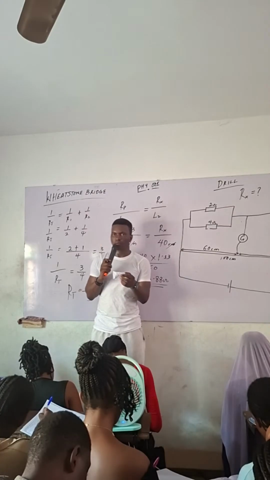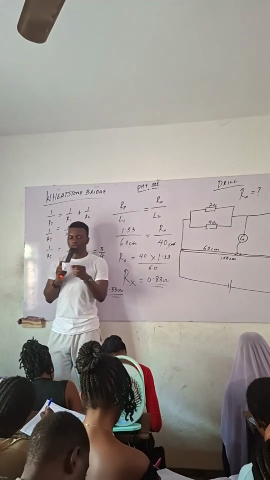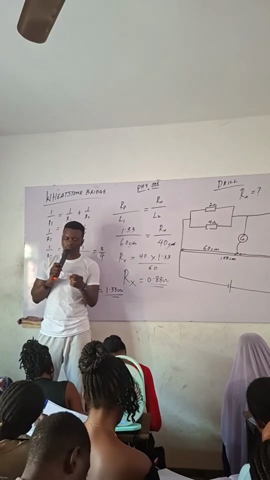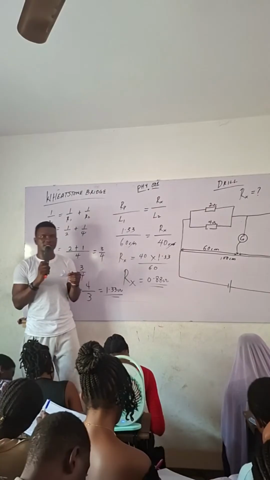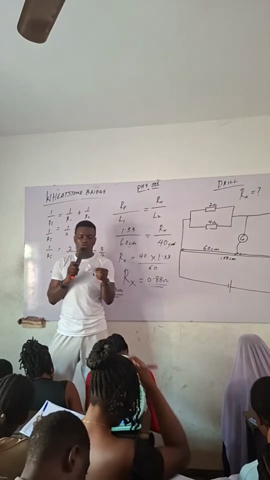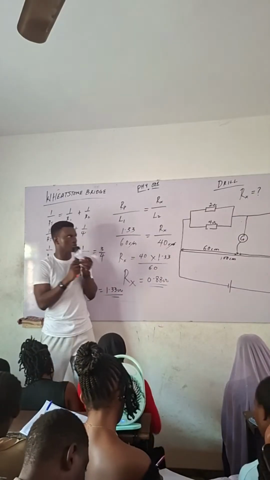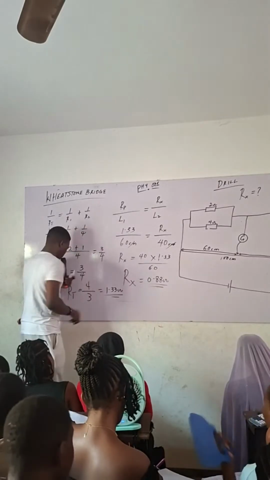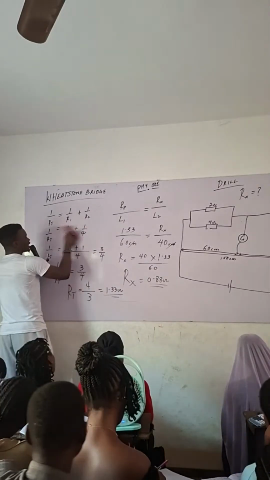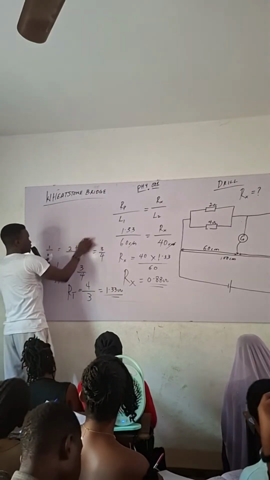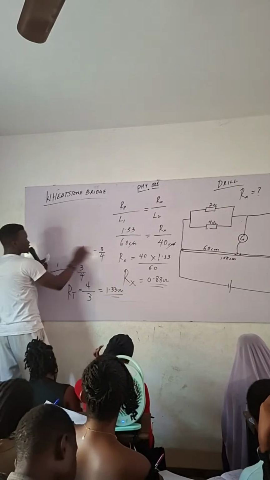Option A. 6 volts, 16 ohms. And I used to do this in the exam most times too. I'll tell you what I used to do. Option A, 6 volts and 16 ohms.